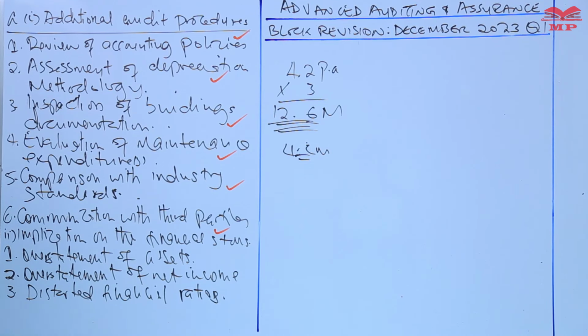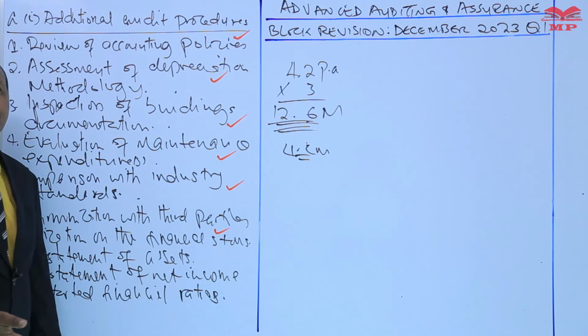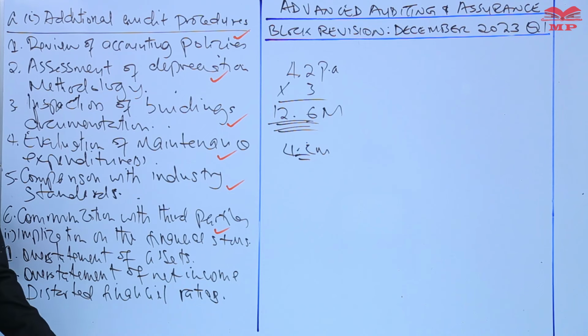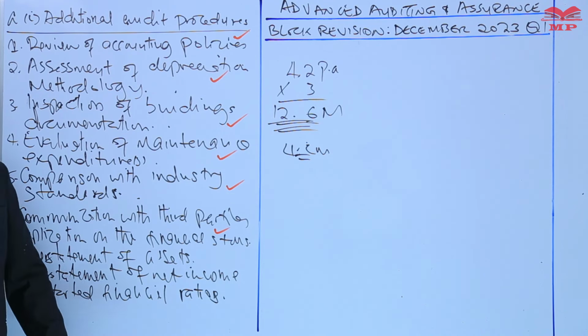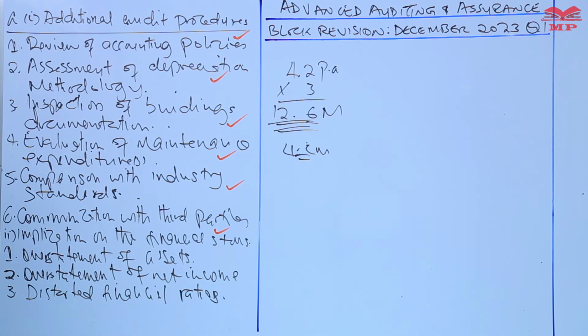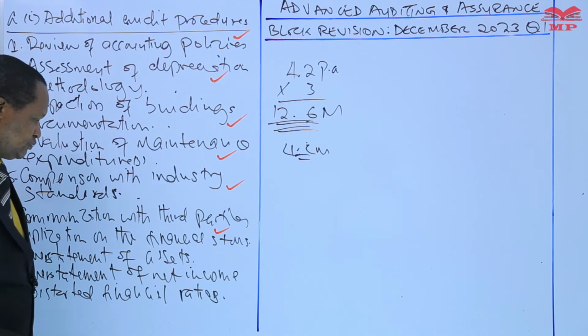For example, the return on assets ratio would be inflated, giving a false impression of the company's efficiency in generating profits from assets. Similarly, the debt to equity ratio could also be affected, as the inflated assets would lead to a lower leverage ratio.